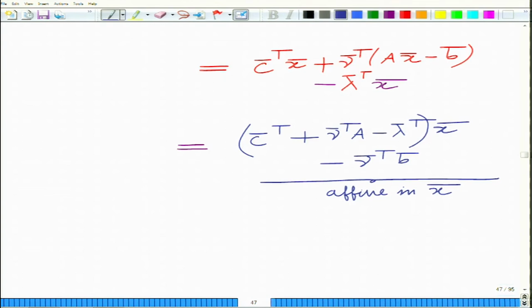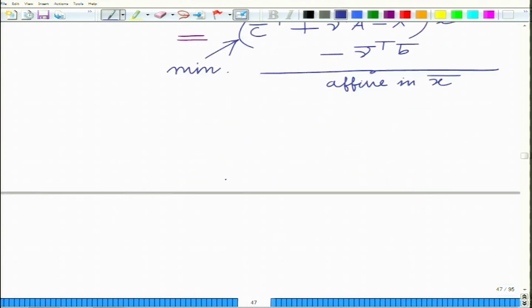Now we have to minimize this, and you will observe something interesting. This is an affine function, it is like a line. If this line has a slope, then the minimum value will always be equal to minus infinity, because one of the ends will always go to minus infinity.